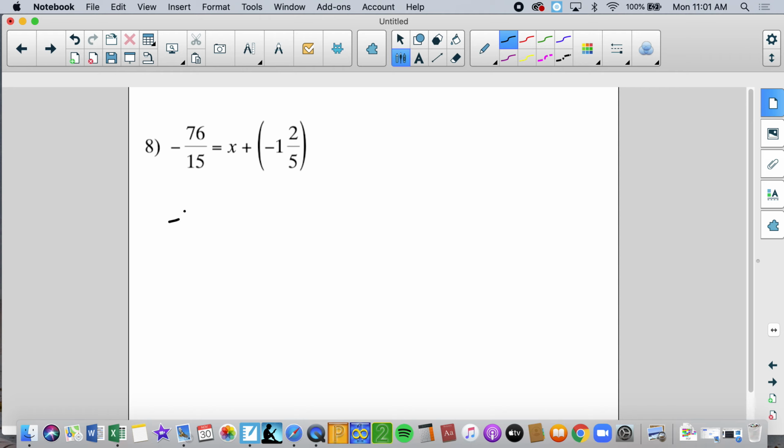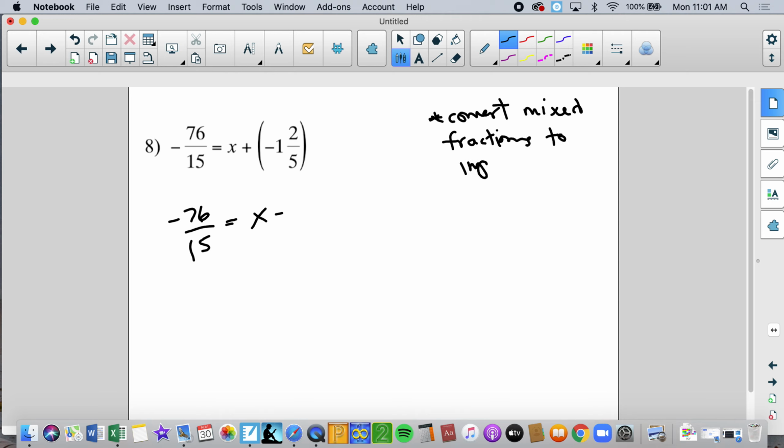So we have -76/15 equals x minus. Now, notice here, I'm going to convert all my mixed fractions to improper. That's something I'm always going to do also. So 5 times 1 is 5 plus 2 is 7.